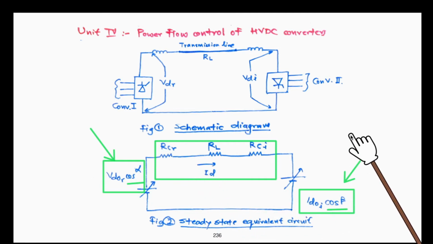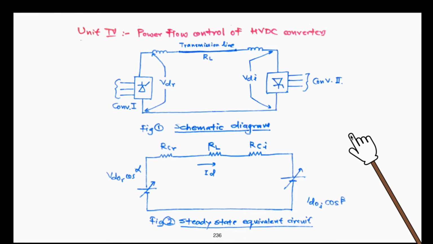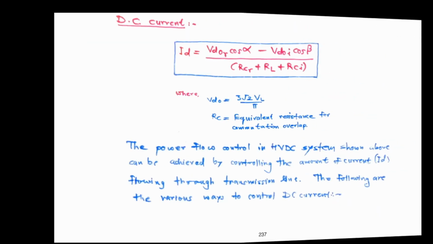So let us memorize this circuit, keep it in mind clearly, and it will be very useful in arriving at the better understanding for the power flow control. Okay, so keep this circuit in your mind, and let us now move ahead. So the aim is to control the DC current, right?